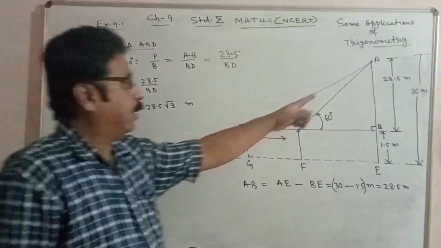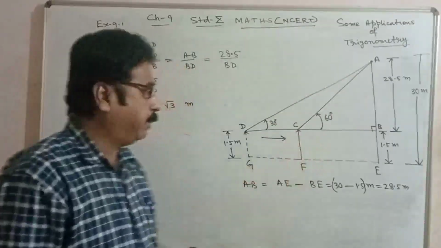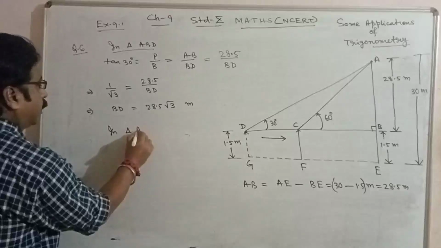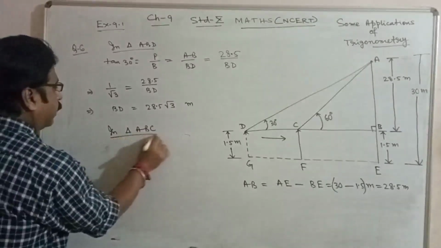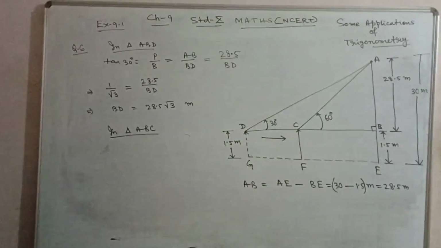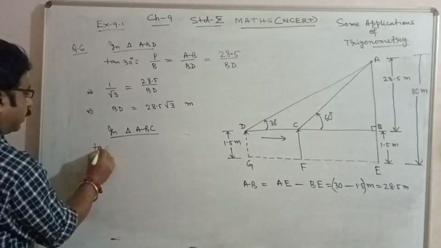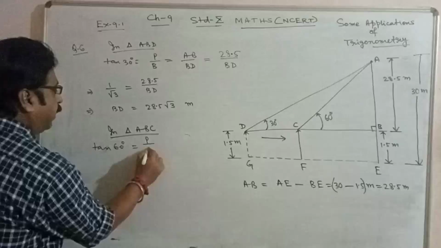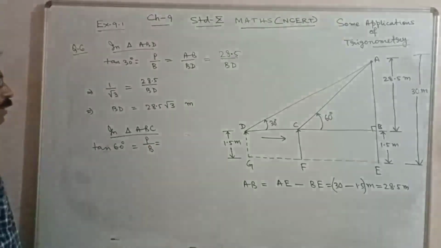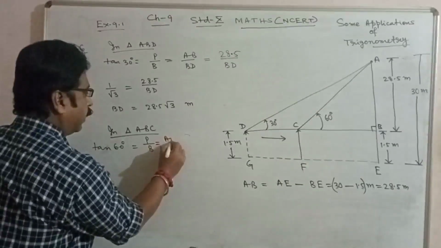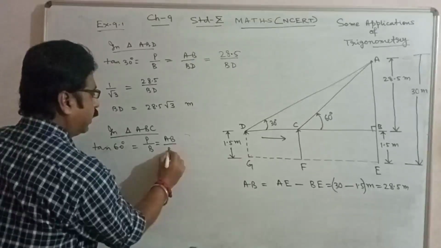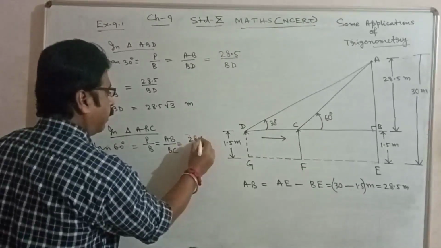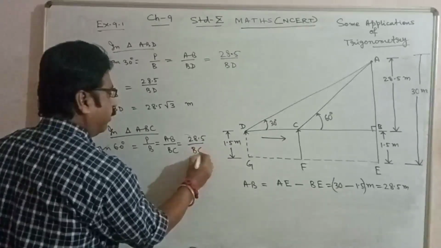Now, triangle ABC. Tan 60 degree, perpendicular upon base. Perpendicular is AB, base is BC. Perpendicular is 28.5, BC is unknown.